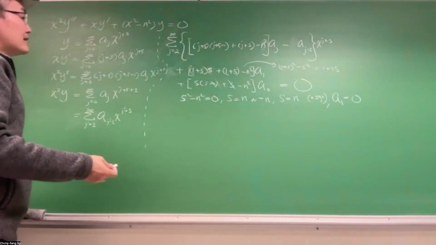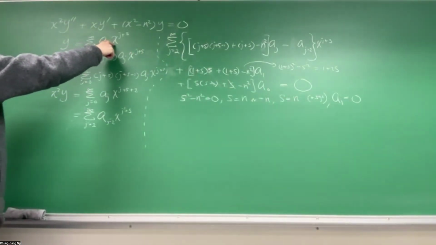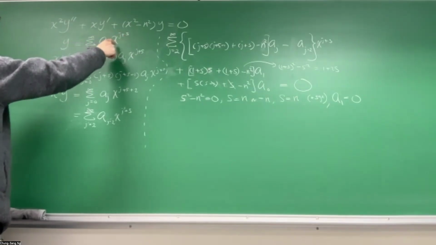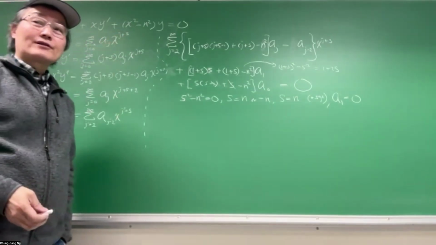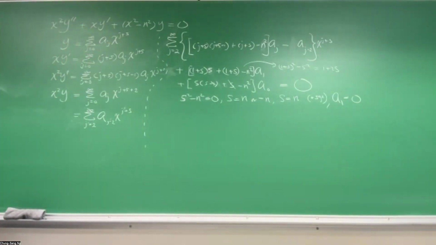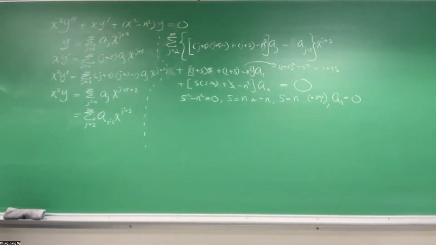So that's fine. And if you choose a negative sign, then the first term will be x to a negative power. So that is singular at the origin. But that's fine. We'll discuss that a little bit more later.